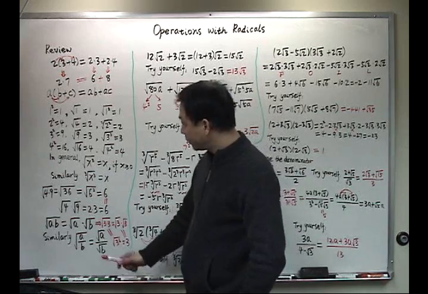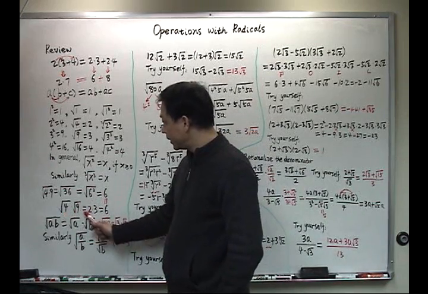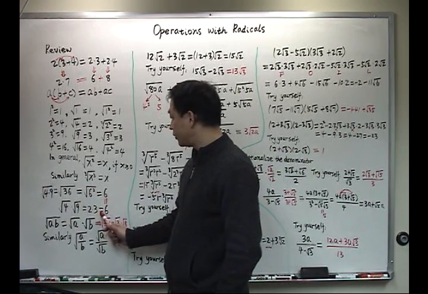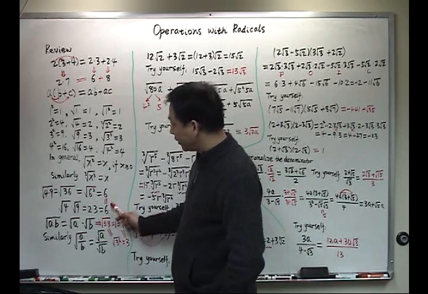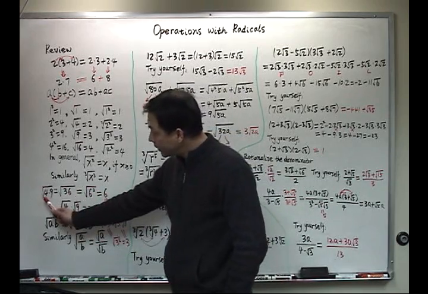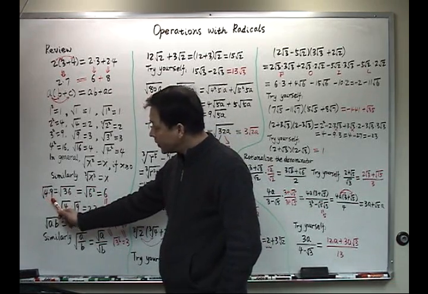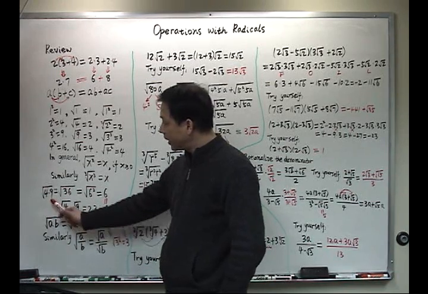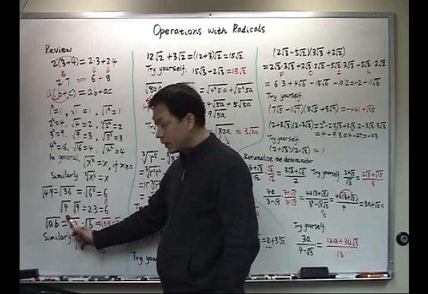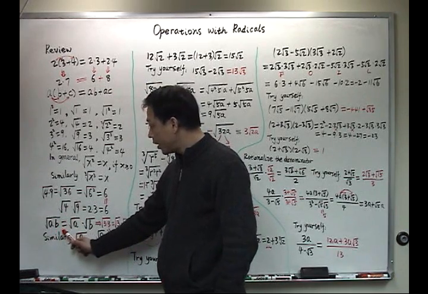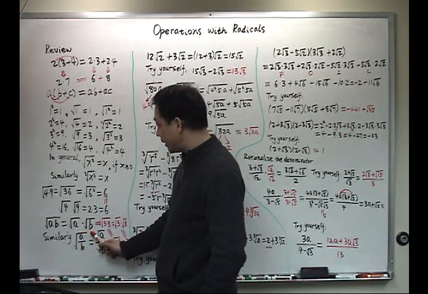So radical 4 is 2, and radical 9 is 3. 2 times 3 is 6. They are equal. Actually, it tells us right here radical 4 times 9 equals radical 4 times radical 9. They are equal. So in general, we have radical AB equals radical A times radical B.